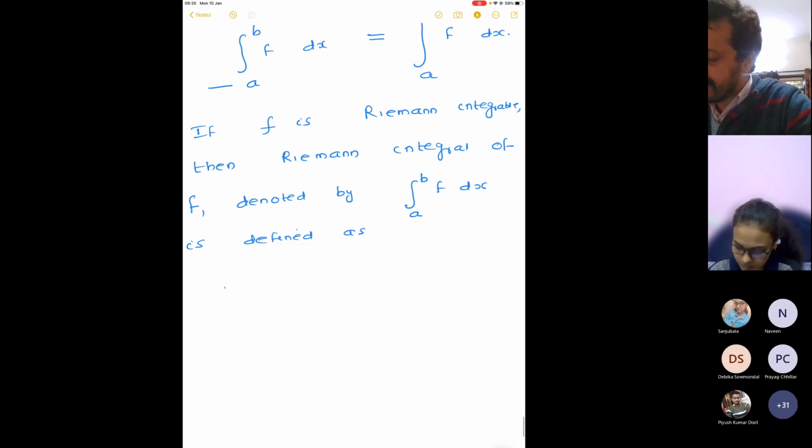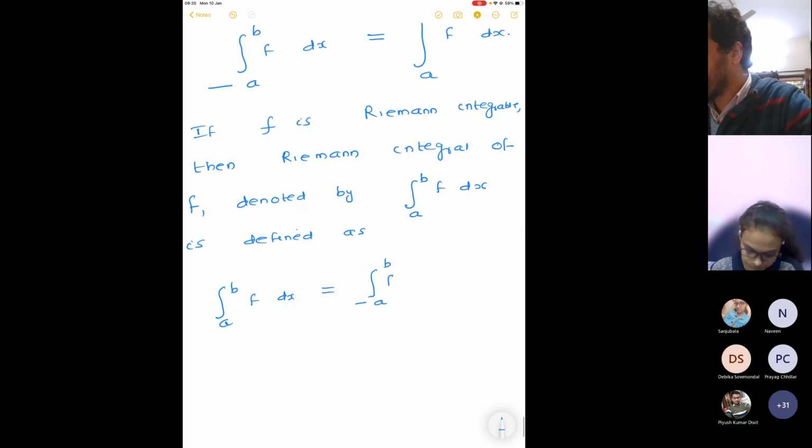It is equal to the lower Riemann integral or the upper Riemann integral. So we have defined Riemann integrability.